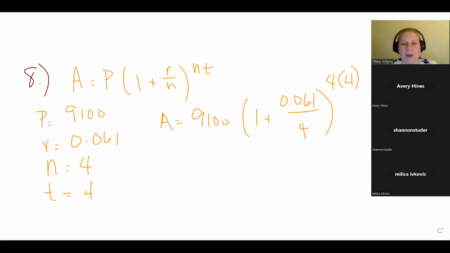So let me show you how I would do this on Desmos. Where is Desmos? There's Desmos. Okay, can you see my screen? I have to do a new share here. Silly Zoom.